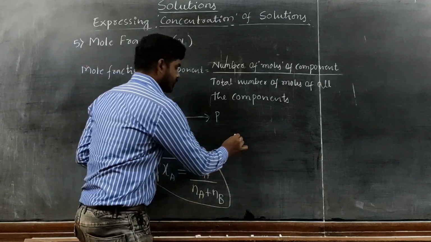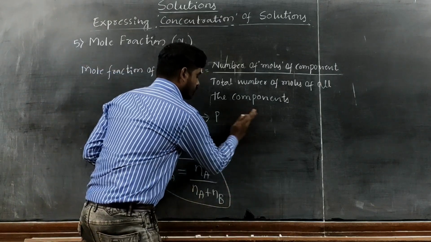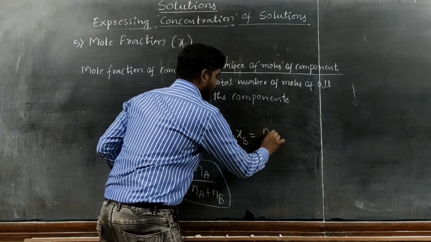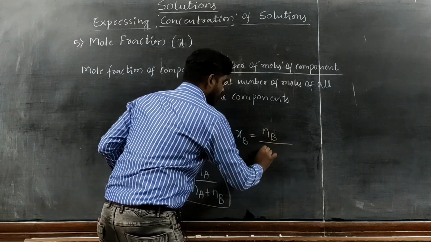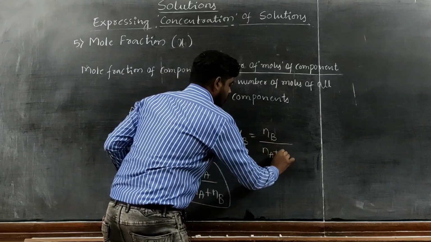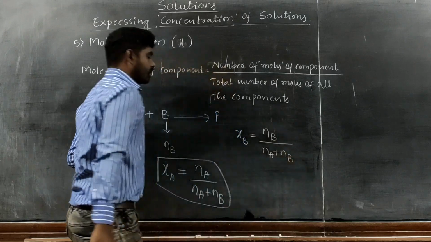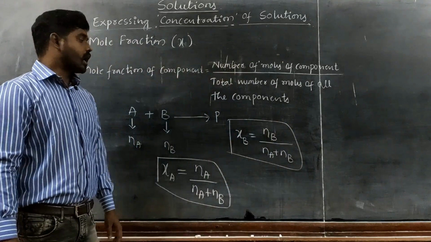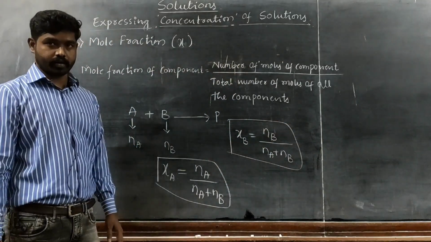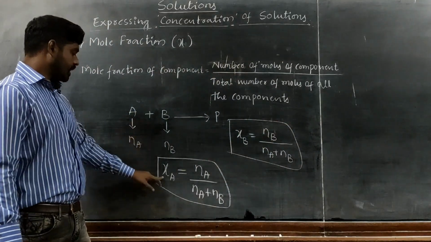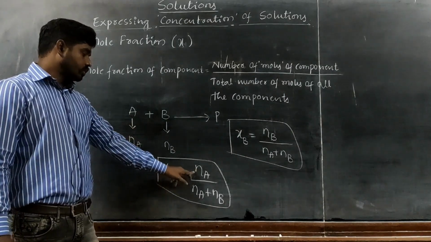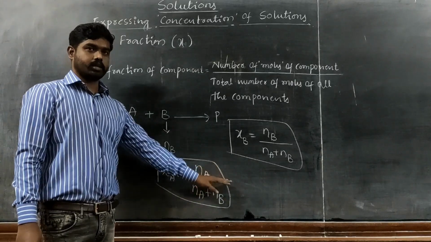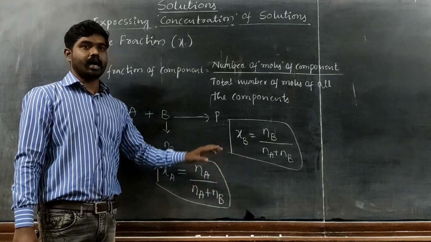Similarly, if I consider the B component, so xi B is equal to number of moles of the B component divided by total number of moles of all the components, Na and Nb. Suppose if it is having i number of components, then xi i is equal to Ni divided by Na plus Nb plus Nc, and so on up to Ni.